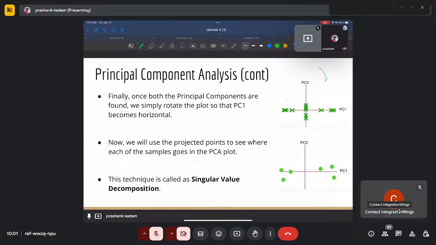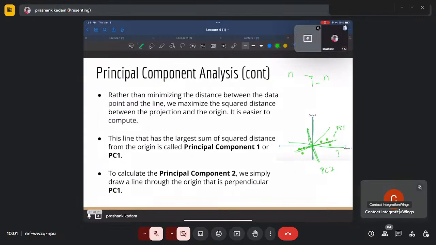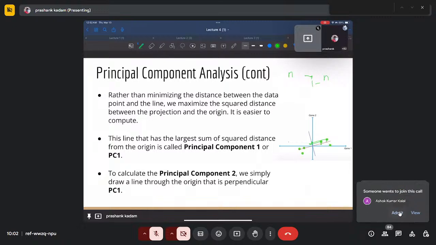So whatever data points we got from here, we will project the values on individual axes, on PC1 and PC2, right? So what we are doing is, from a higher dimension, we are projecting. Since in this case you can't really make it out, because from two-dimensional data we are projecting to 2D, it won't really make much sense here.